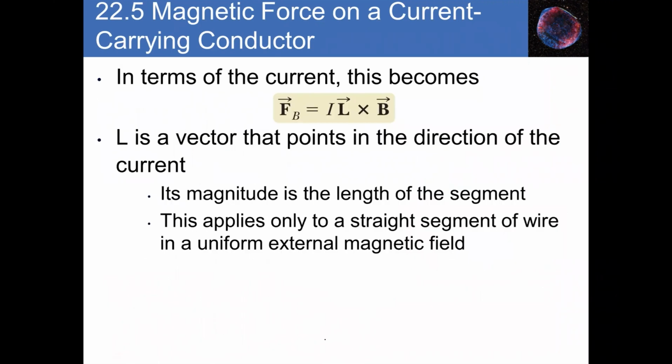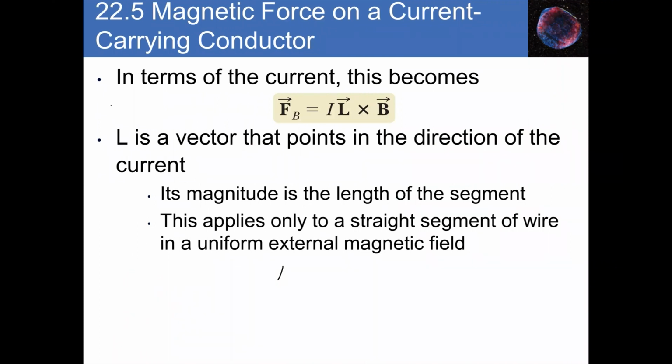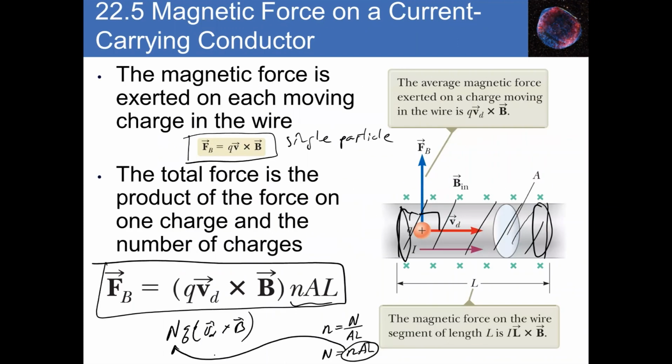All right, so if I rearrange this equation and combine some of those quantities together, here I have n A q v, together with the cross B, and then there's an L. That together is what we defined to be current in the previous chapter.